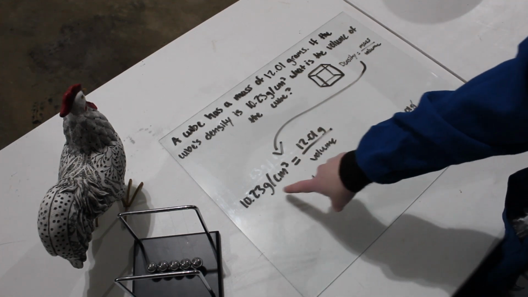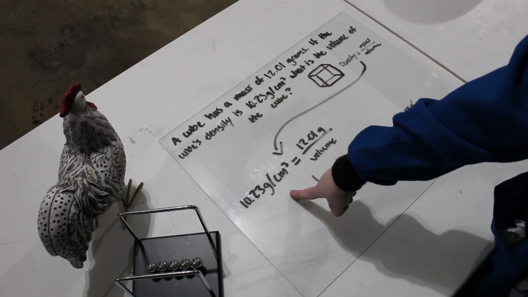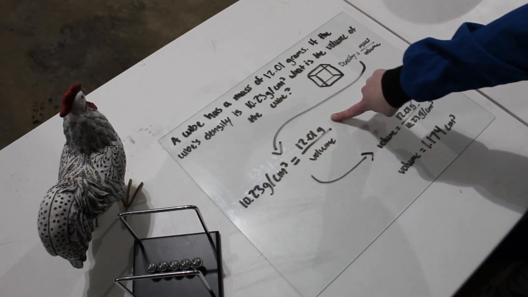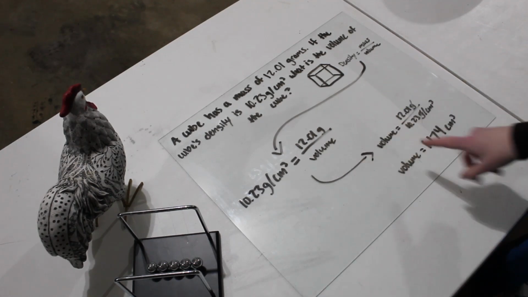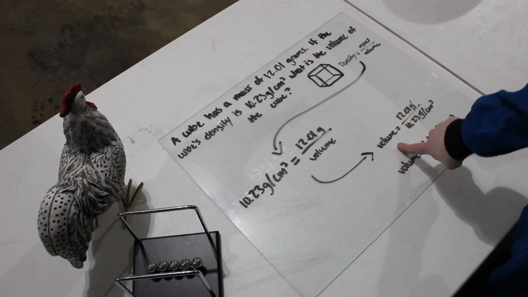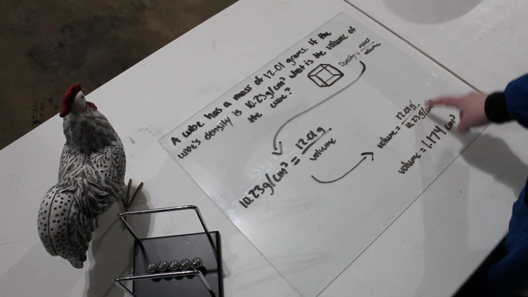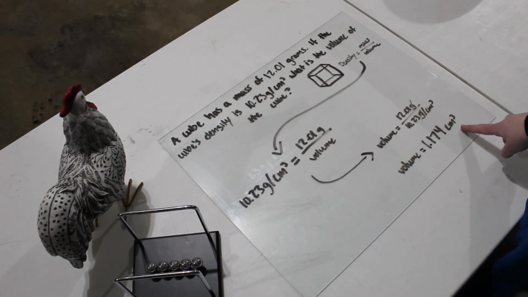The density is 10.23 grams per centimeter cubed, the mass is 12.01 grams, and what we don't know is the volume. If you rearrange the equation so volume is on its own side, we get 12.01 grams over 10.23 grams per centimeter cubed. The grams cancel, and we end up getting 1.174 centimeters cubed.